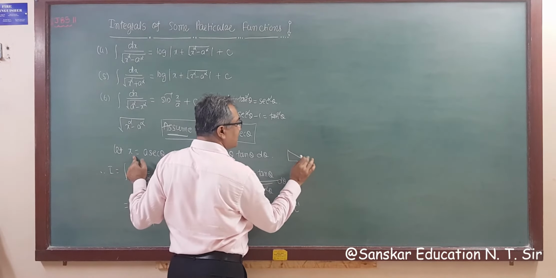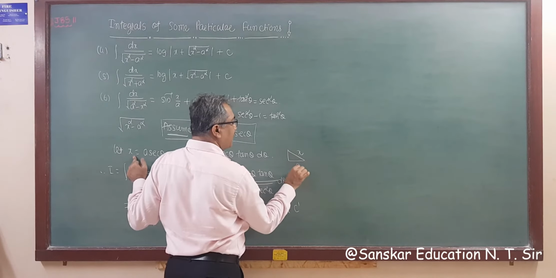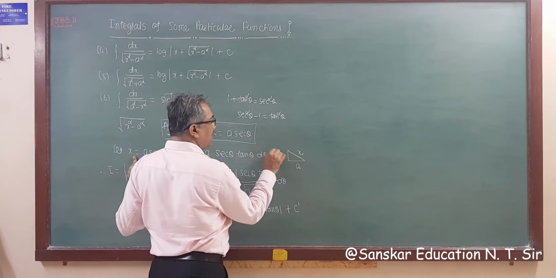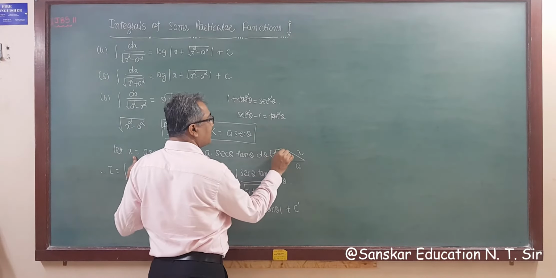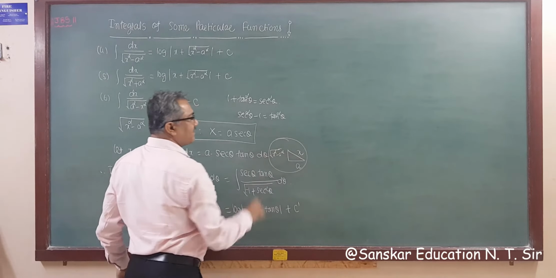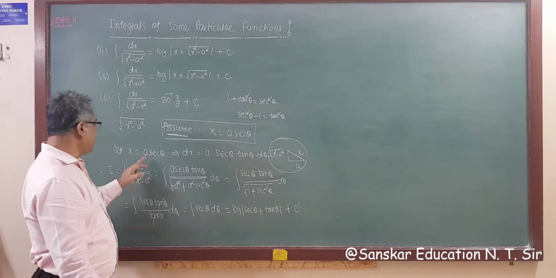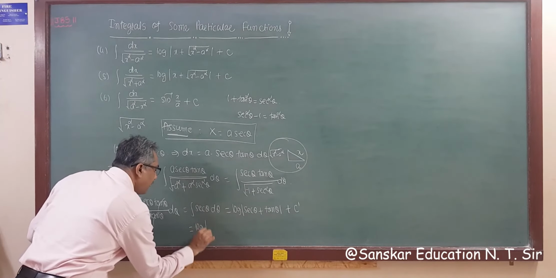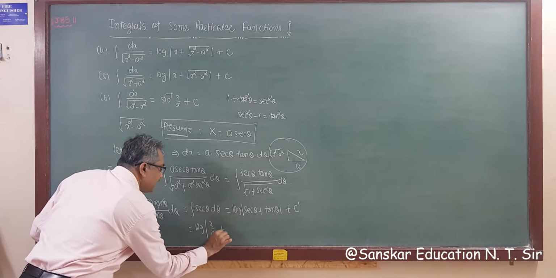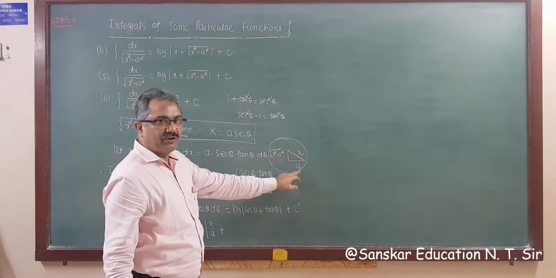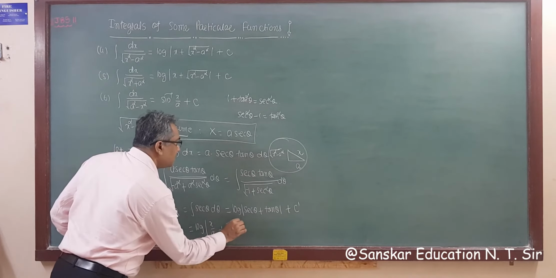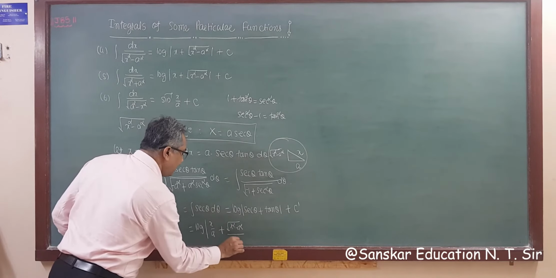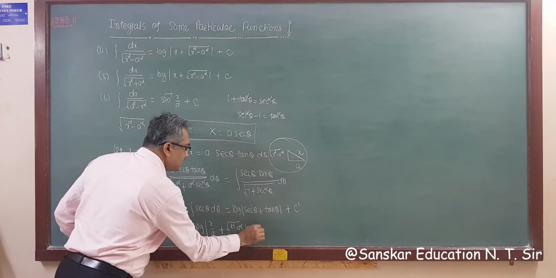So sec theta is x by a, and tan theta is under root x square minus a square upon a. So the answer is log x by a plus square root of x square minus a square upon a, plus c dash.